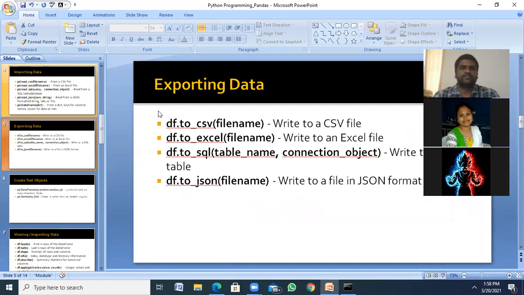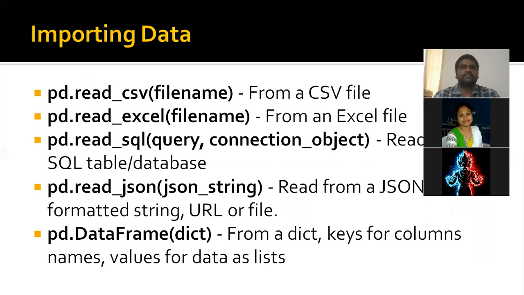These are the things we have discussed till now. One is how we can read a CSV file, and we can also read Excel and SQL just the same as a CSV file. The difference is that when we are reading SQL, we need to create a connection.